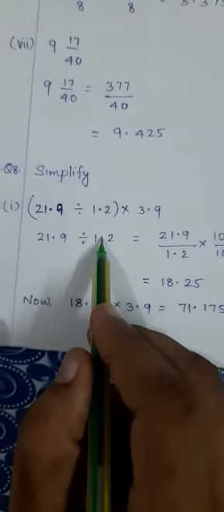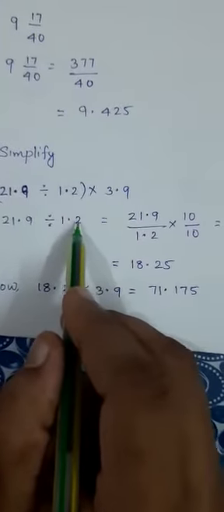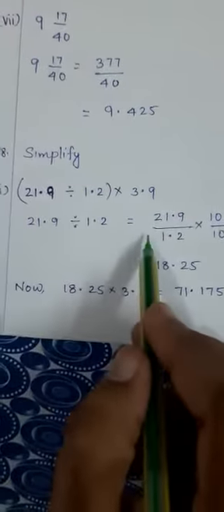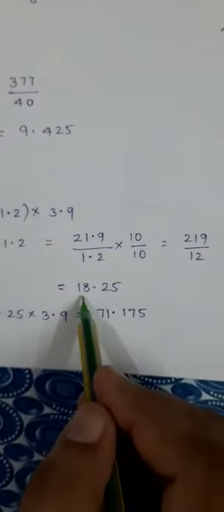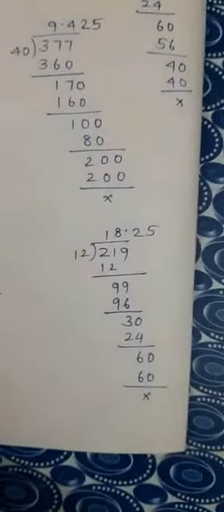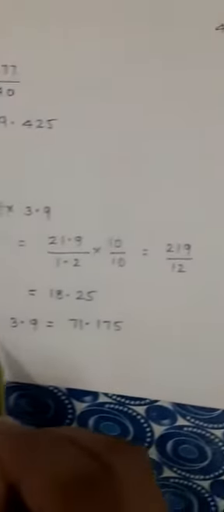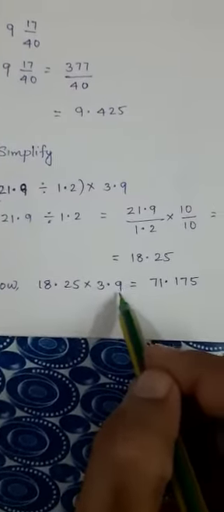So first remove the decimal point. Shift the decimal point one place to the right. So this becomes 219 divided by 12. On dividing we will get the answer as 18.25.